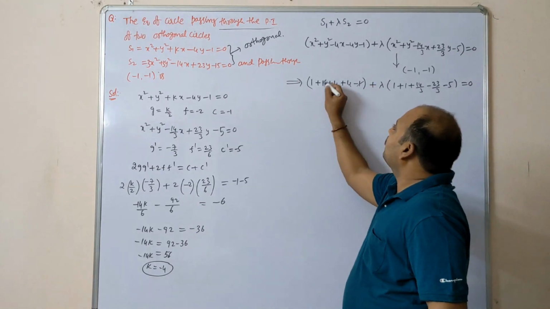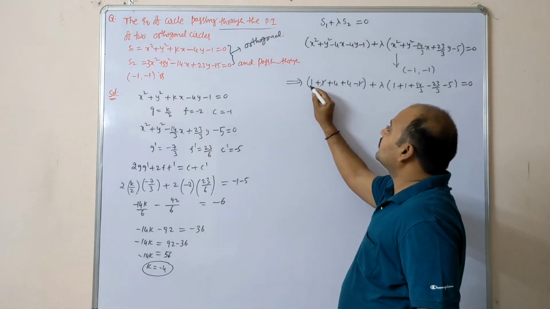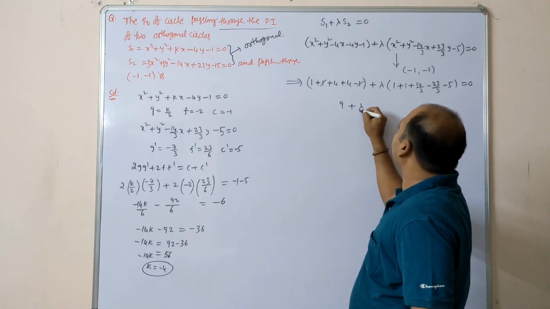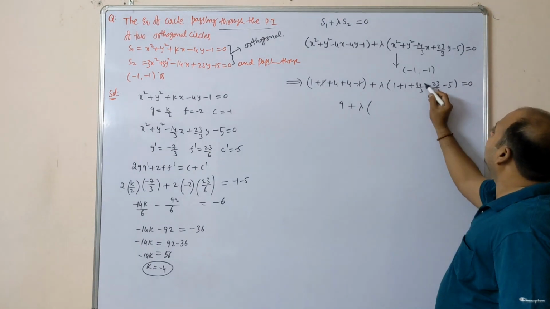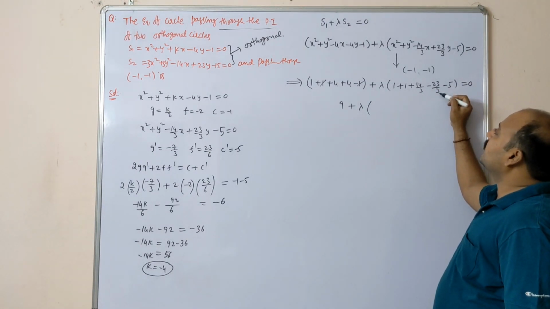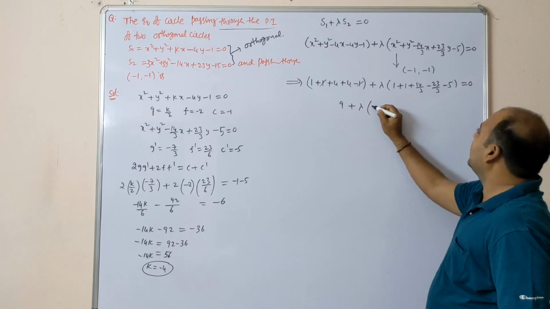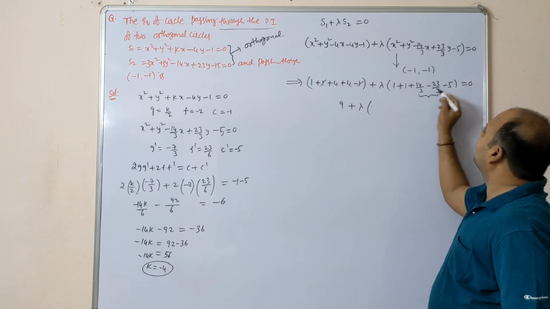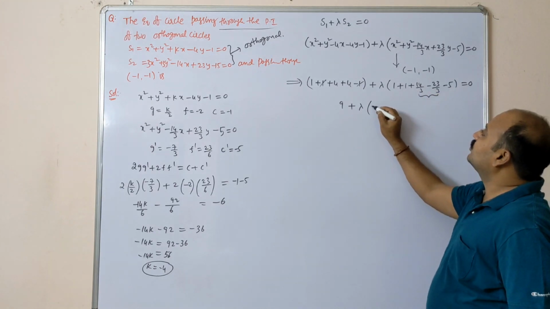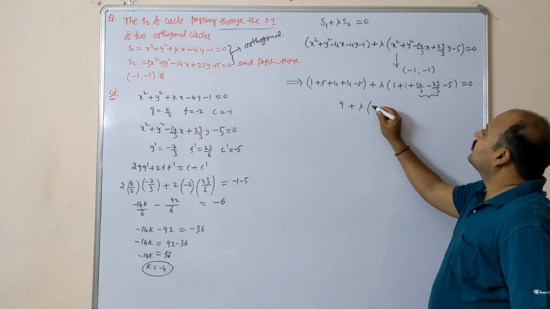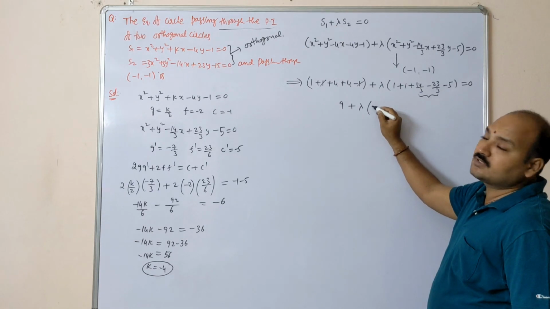Minus 1 plus 1 get cancelled. 4 plus 1 is 9, plus lambda into 14 by 3 minus 23 by 3, which means minus 9 by 3, that is minus 3. Minus 3 minus 5 is minus 8, plus 2, so minus 6.